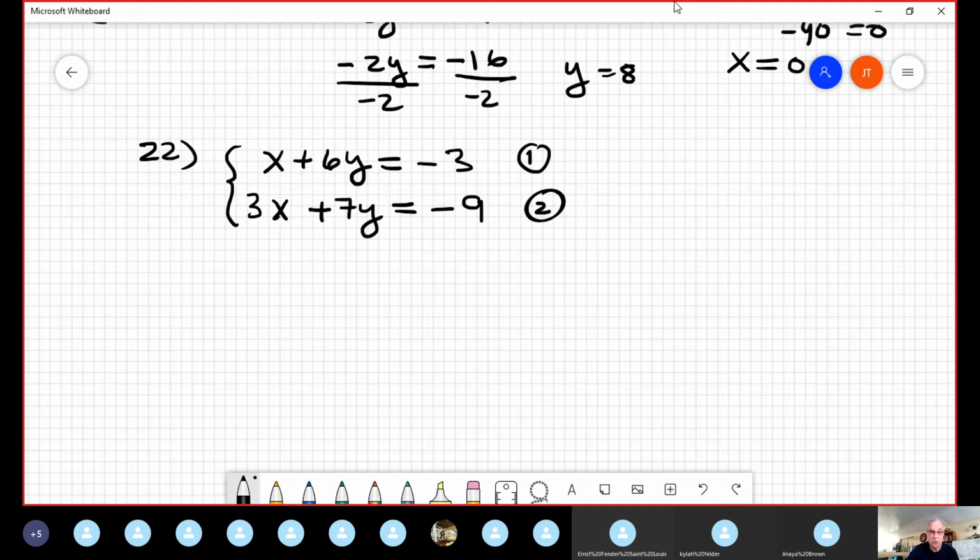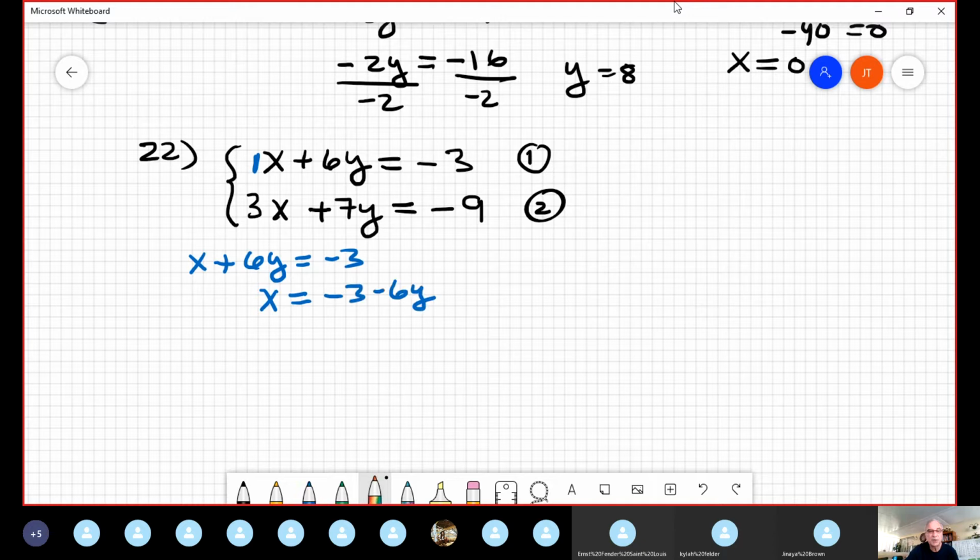Okay, so substitution one more time. I can see that the coefficient here is 1. Good. I take advantage of this. I copy x plus 6y equal minus 3. Solve for x: x is minus 3 minus 6y.